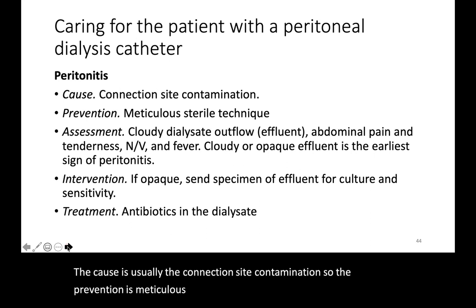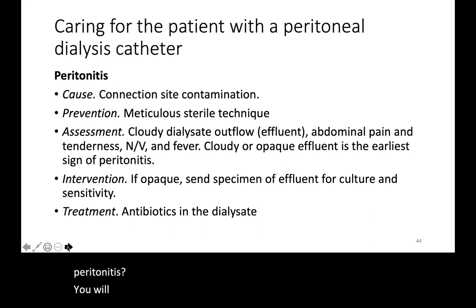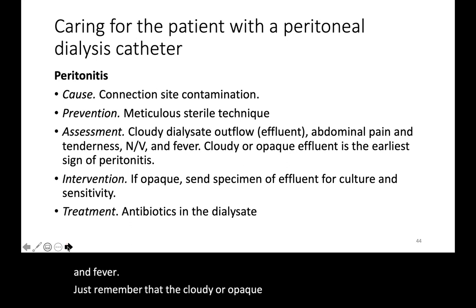How do you assess for peritonitis? You will see cloudy dialysate outflow, which is termed effluent. You will see abdominal pain and tenderness, nausea and or vomiting, and fever. Just remember that the cloudy or opaque effluent is the earliest sign of peritonitis.